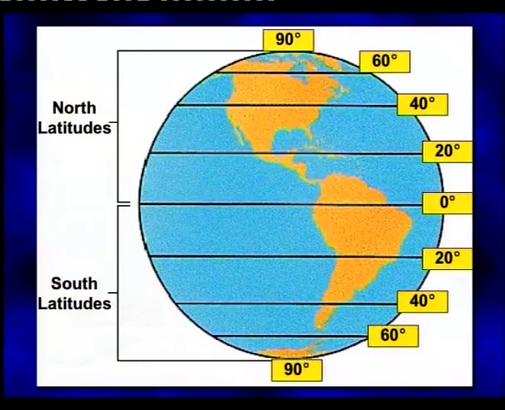Then you have the other lines here, for example, Tropic of Cancer, Tropic of Capricorn, Arctic Circle, Antarctic Circle. Or you can say this hemisphere up here, these lines, are northern latitudes. These lines going down here are south latitudes. That's just an example.